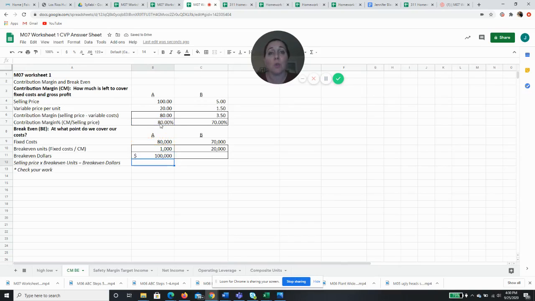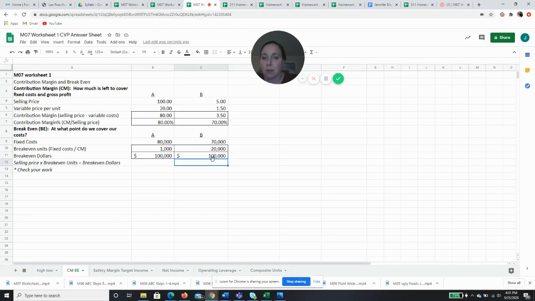So once I have sold $100,000 worth of product A, I've broken even, and that extra $1 would be profit. For product B, I'm going to divide my fixed cost of $70,000 by my contribution margin percentage of 70%. Wow, these numbers came out really good. Whoever designed this spreadsheet is really kind. And we will also have break-even dollars of $100,000.